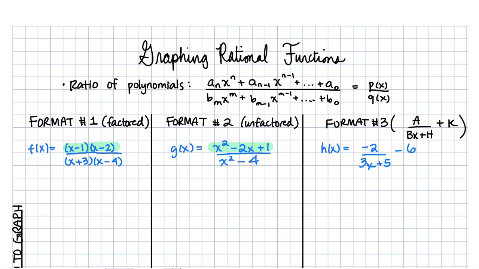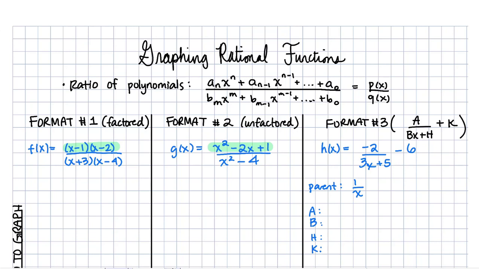We covered this kind of rational function when we were talking about graphing with transformations, because this format lends itself well to looking at the parent function, 1 over x, and then identifying your transformations that have been applied, which I call here a, b, h, and k, just like how we learned, and then doing our transformation.